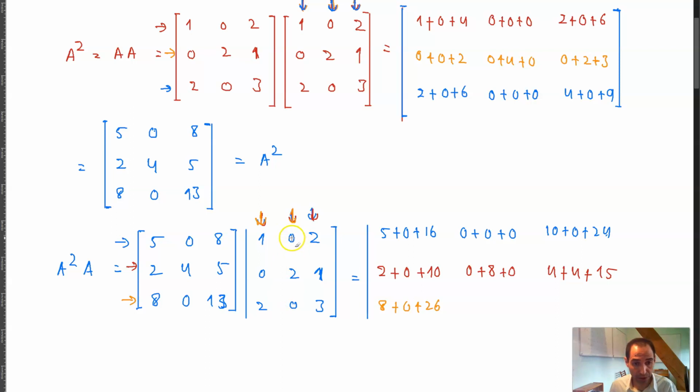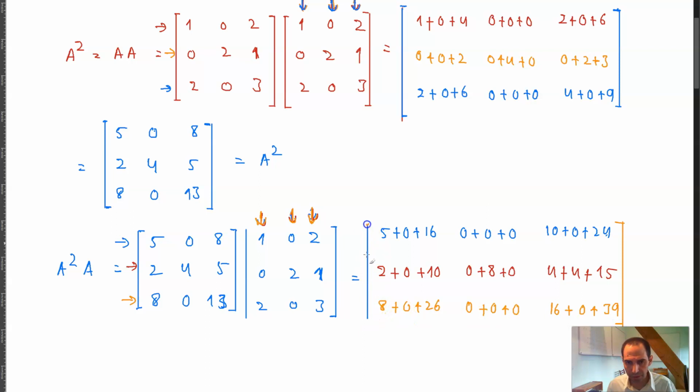So 0, 0, and 0. And here you have 16, 0, and 39. So that is the matrix that we have.